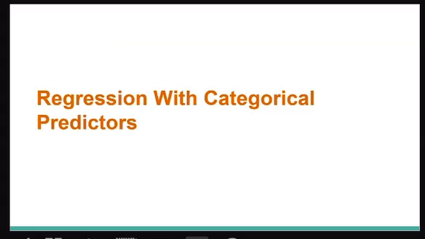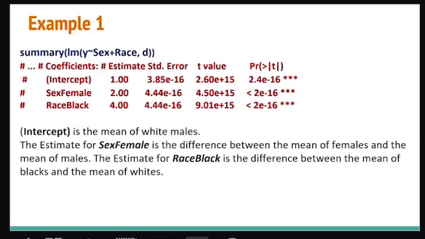I'm going to start with a situation whereby you have one predictor in your model, and that predictor is categorical. So take a look at this. Let me start with two predictors.